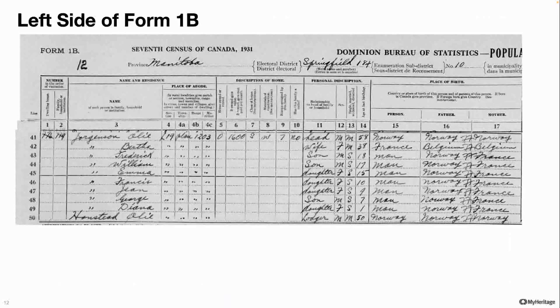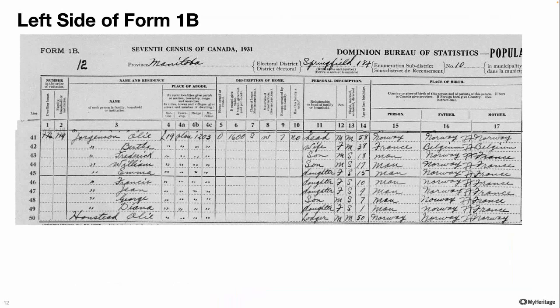All right, so the left side of Form 1B, if we zoom in a little bit, I've put in here the column numbers, and then here are rows 41 through 50. And so here we see this individual. We get a dwelling or house number, a family, household, or institution. I'll talk a little bit more about those later when I'm talking about the work we did to reconstitute these family households.